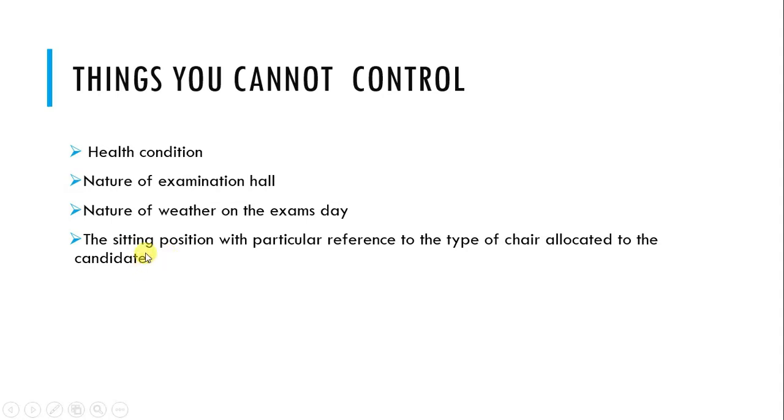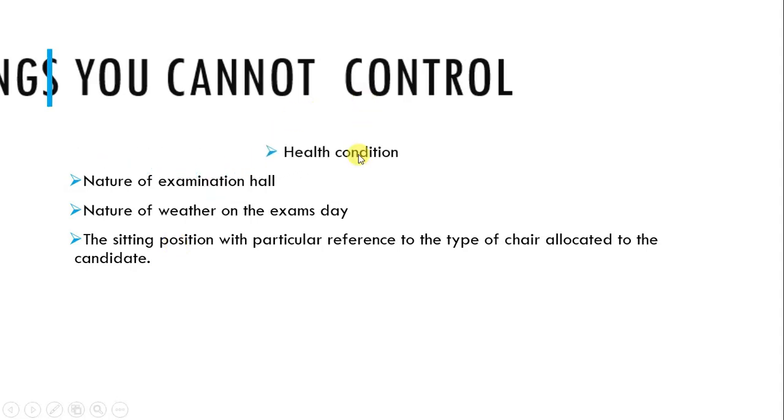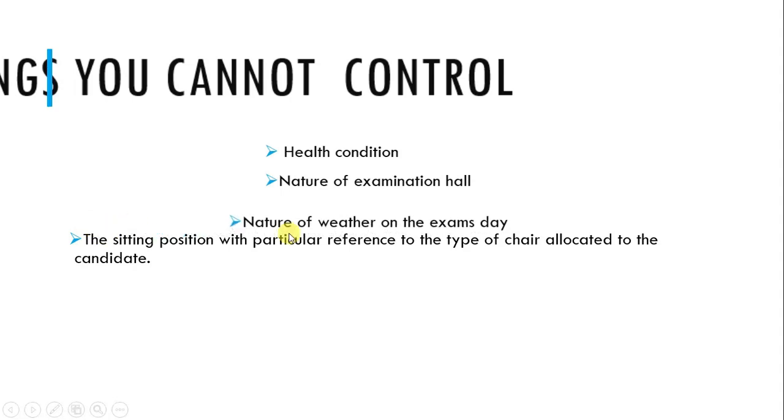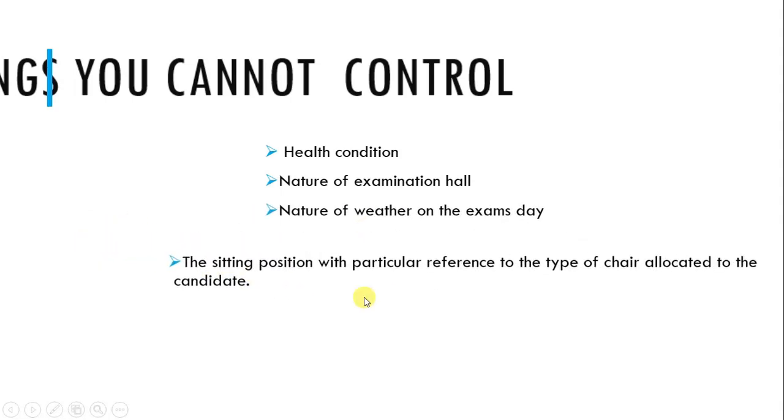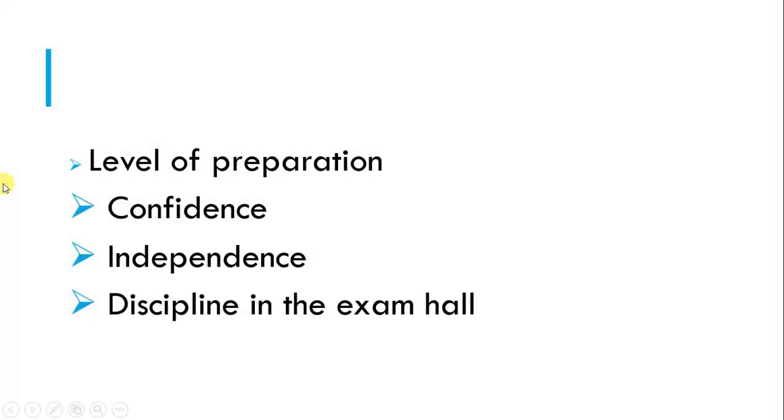It can affect your performance because it wouldn't make you comfortable. So like we said: health condition, the nature of the exam hall, the nature of the weather on the said day, and sitting position, which refers in particular to the type of chair allocated to the candidate.